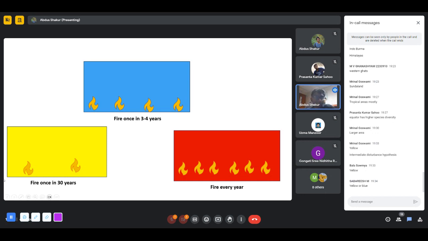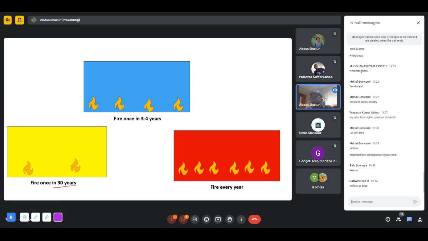If someone said it's intermediate disturbance hypothesis, then let's say the fire happens once in 30 years. So that is low frequency.